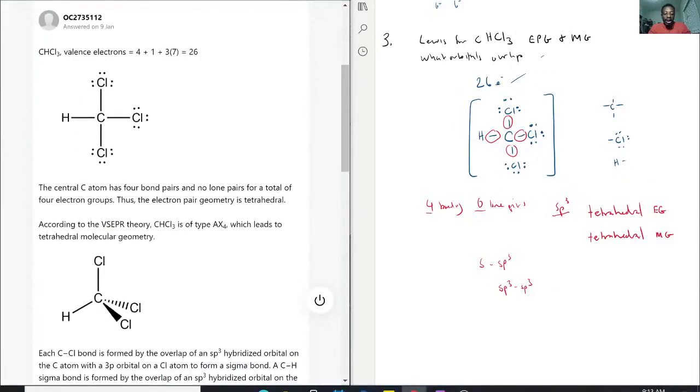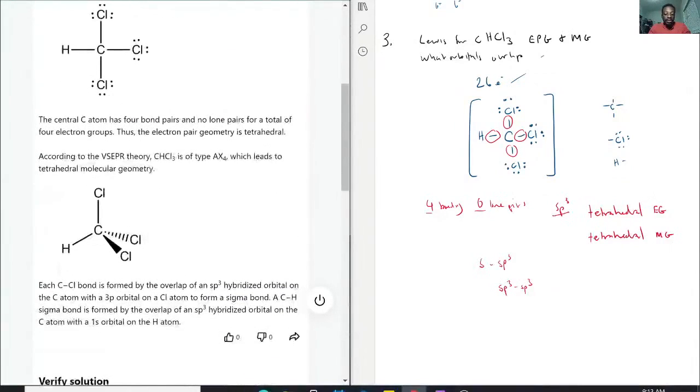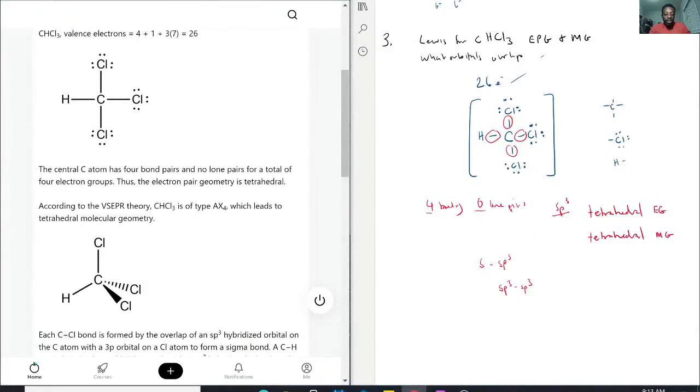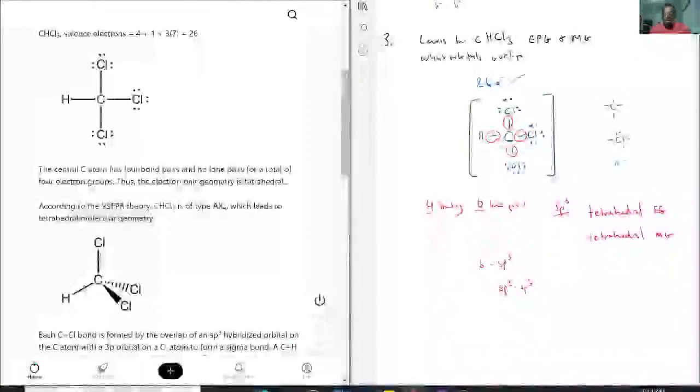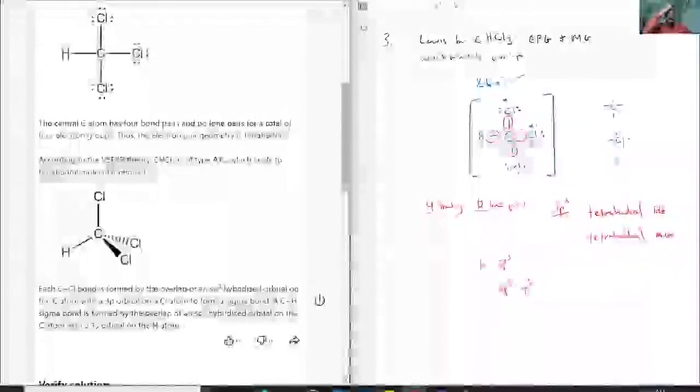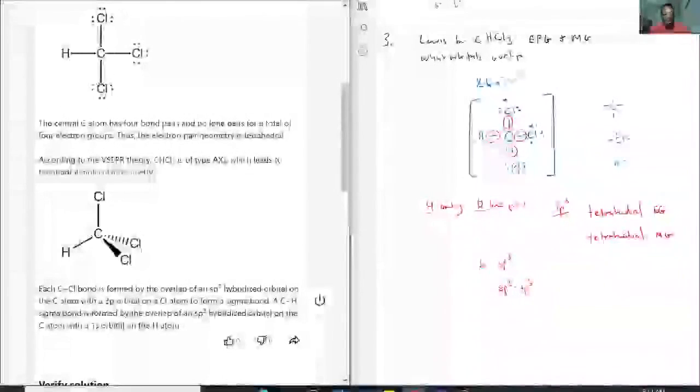We have exactly this. VSEPR theory says the molecular geometry is tetrahedral, and the electron pair geometry is tetrahedral. So that one is correct. Now, each C-Cl bond is formed by the overlap of an sp3 hybridized orbital on the C atom with a 3p orbital on the Cl atom to form a sigma bond.